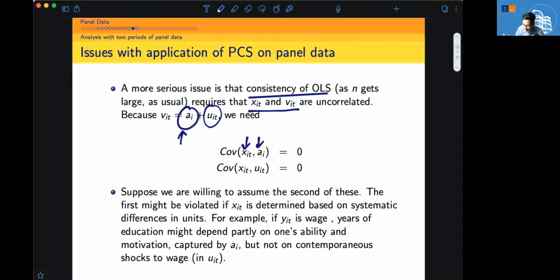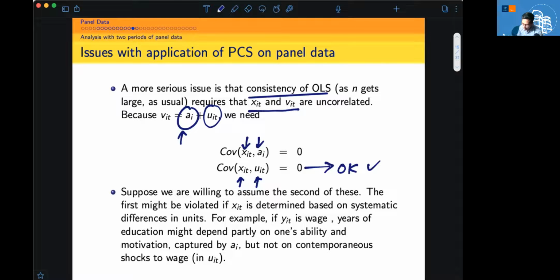Now, ideally, we're going to assume that there is no correlation between the unobserved heterogeneity, like ability, motivation, culture, and stuff like that, with the explanatory variable of interest, which is very unlikely. And then we're going to assume that the explanatory variable of interest is uncorrelated with the shocks. I think that's an assumption that we established in previous slides. Okay, so let's assume that this is an okay assumption.